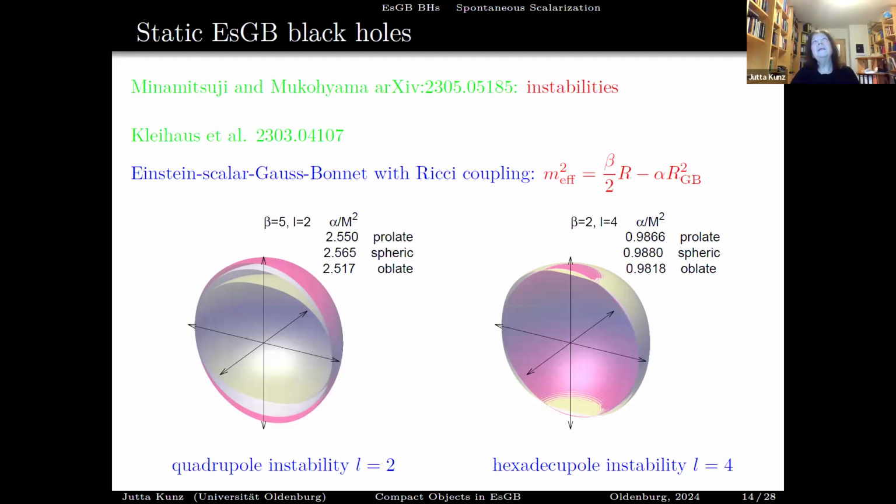But whenever you have an instability, of course, it matters how unstable the solution is. And we don't have any timescales from their calculations. So it's not clear: are these instabilities on relevant astrophysical scales or on huge timescales? So could the black holes exist?